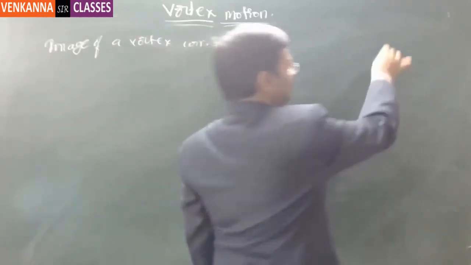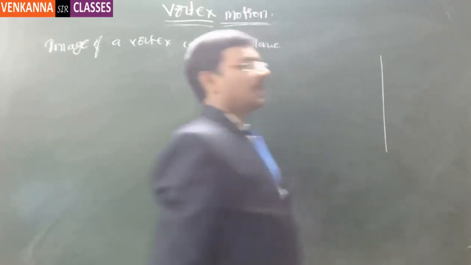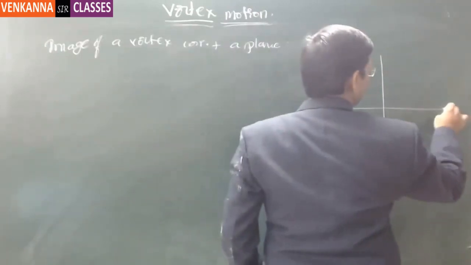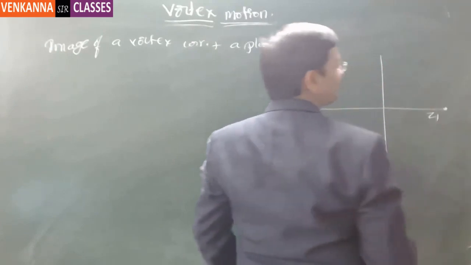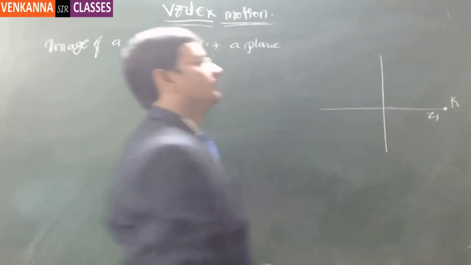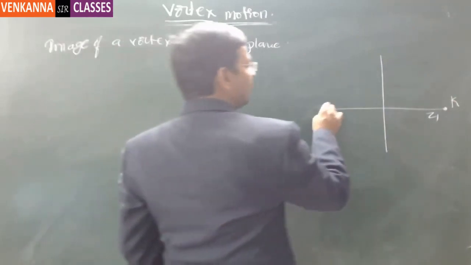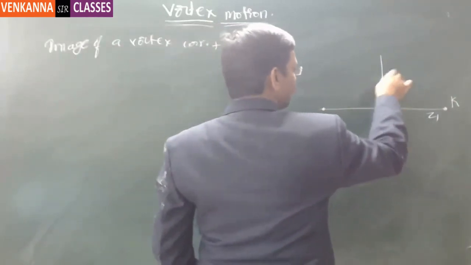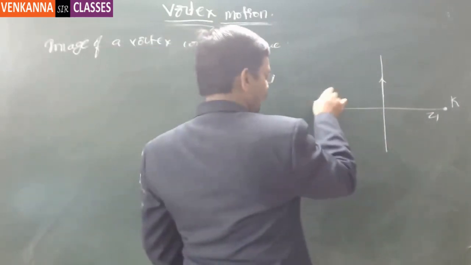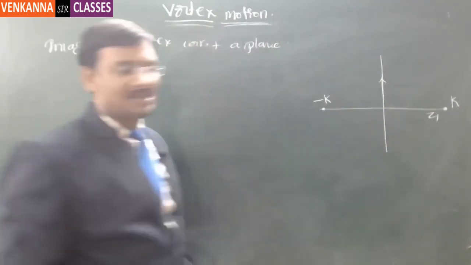Suppose here there is a plane, a plane boundary is present here. Let us say on this particular line, at a distance of z1, there is a vortex of strength k. Then if you want to keep the flow on this particular line as the surface, then you have to introduce one more vortex of strength minus k.